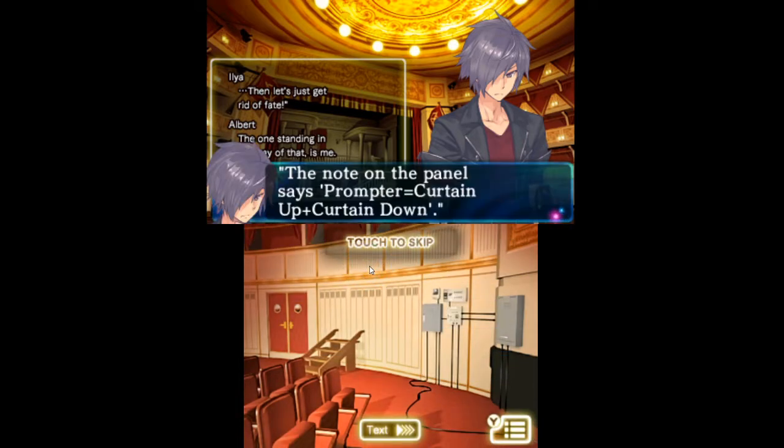The note on the panel says prompter equals curtain up plus curtain down. What probably relates to how the switches need to be moved to the prompter. Curtain up like at the start of the play. I should look back to then.